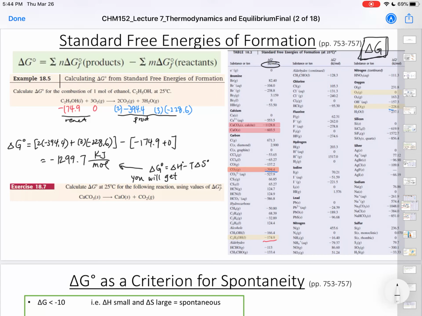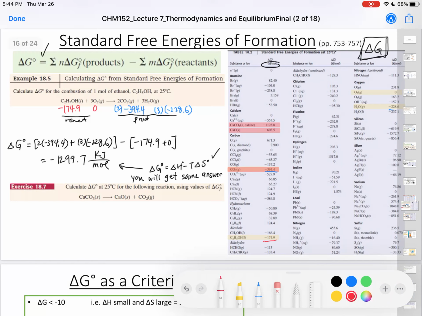Absolutely. You should get the same answer. So when you're doing your homework, read it carefully. In some situations, they ask you to use one equation, in other situations, this kind of equation. It just depends, but either way, you should get the same answer.